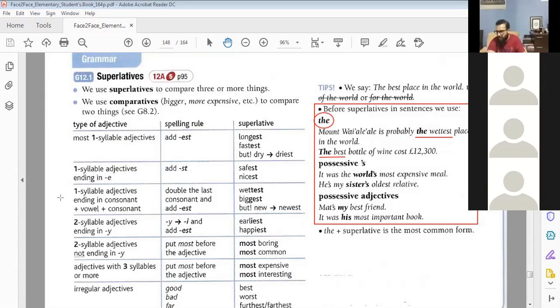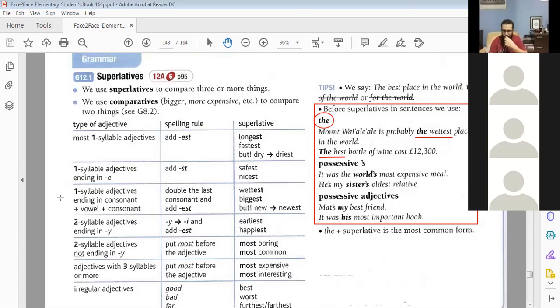No, مش 1200. 12 كيف نقولوا ألف؟ 12,000. Very good, yes. 12,300. Very nice, صح. Possessive.